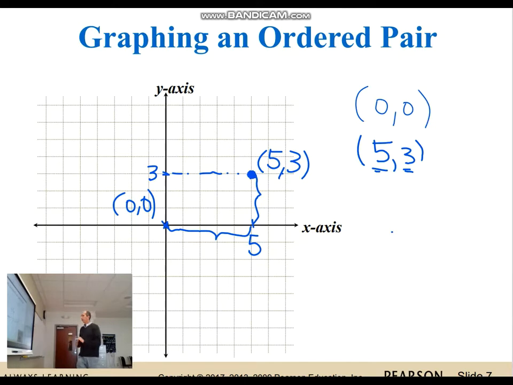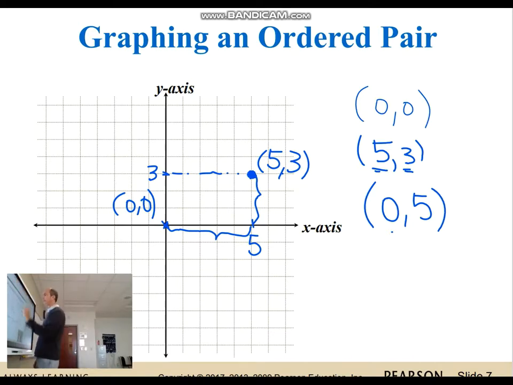Another example, let's say we have the point 0 and 5. How can we find point 0 and 5? Let me clear this up. And 0, as you remember, is the origin, right? So right here you're going to have 0, 0.